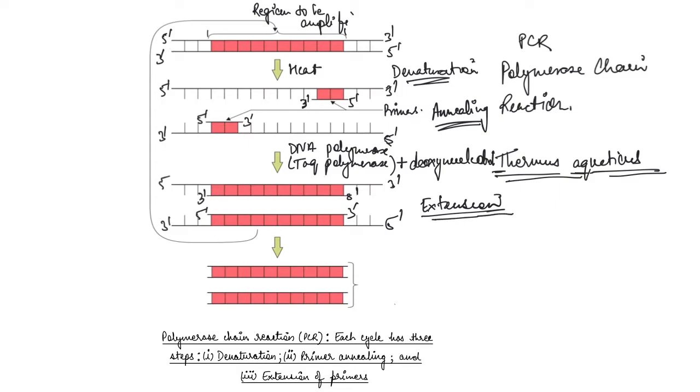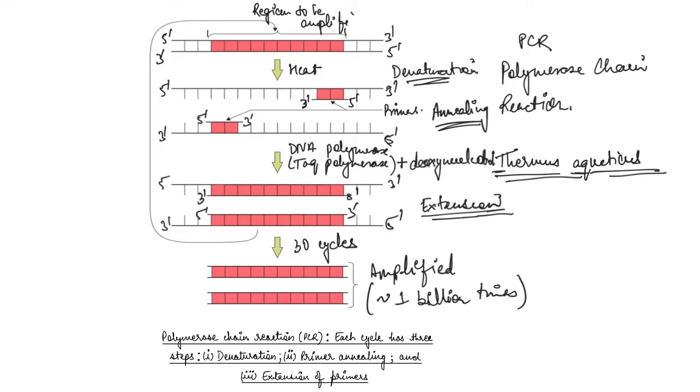So DNA polymerase is working, and now the entire strand is synthesized. Now we repeat it. We keep repeating it, say till 30 cycles, right? And this is the amplified DNA that we got. Now we can produce around 1 billion copies, right? So we can do it up to 1 billion times.